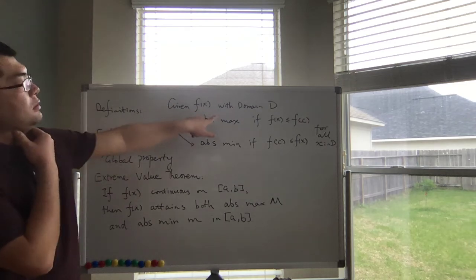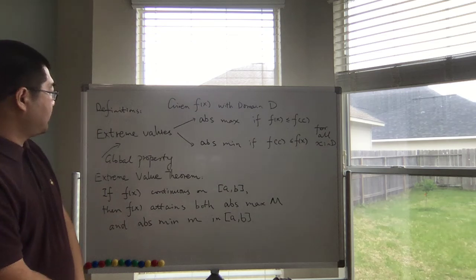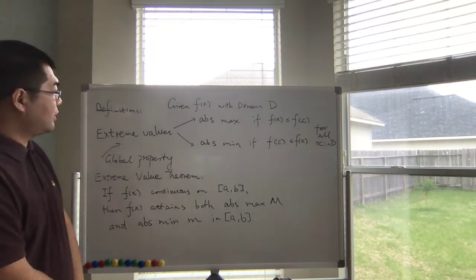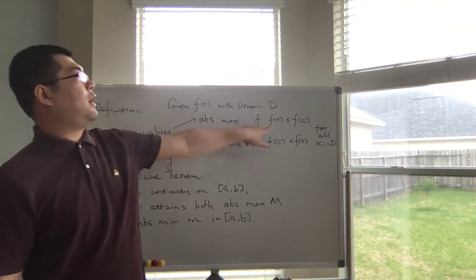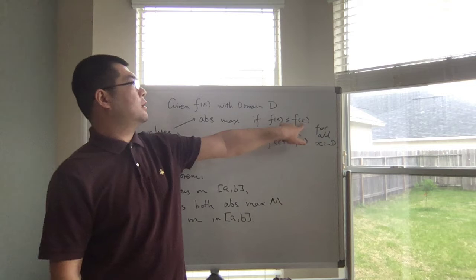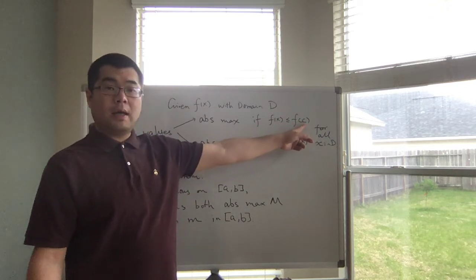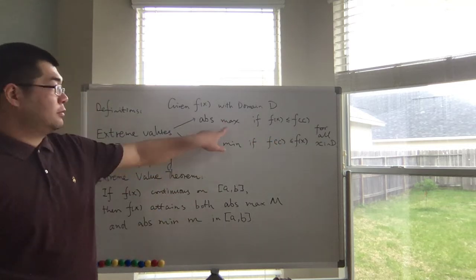If we have a function with a domain D, a closed interval, we have the definition of the absolute maximum. If f(x) is less than or equal to f of c for all x in D, then we claim that at x equals c, f(x) attains its absolute maximum.